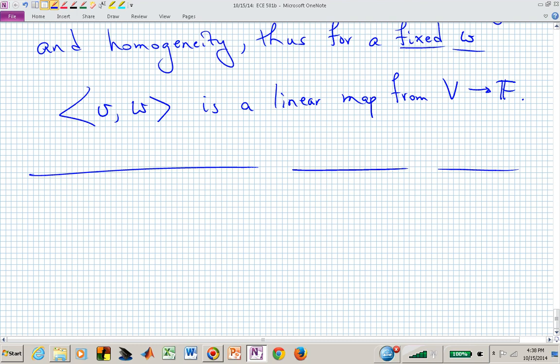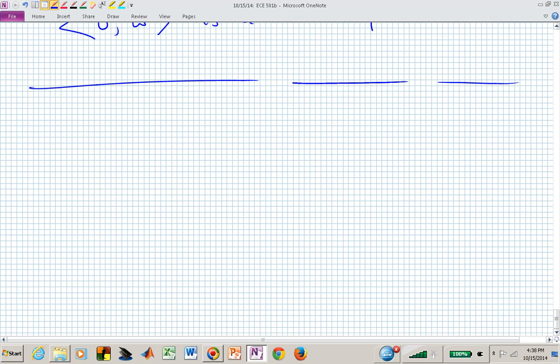If we play a little bit more with what's going on in the second slot, let's look at what might happen with respect to additivity and homogeneity. Is it the same as what we had before in the first slot?